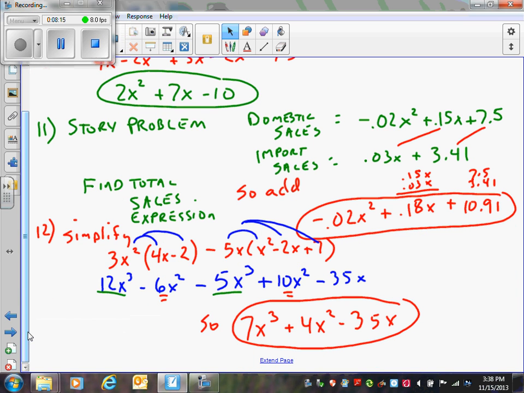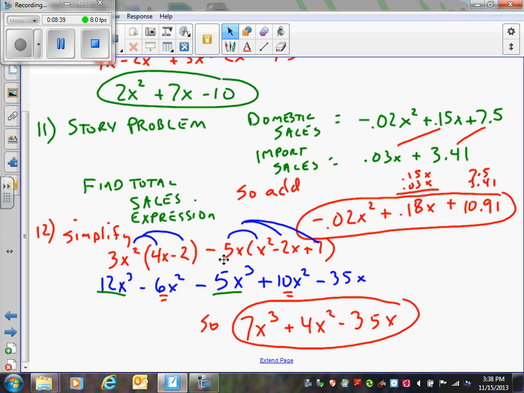Number 12, I've got some polynomials that I have to multiply by monomials, and I've got to simplify. So I take this 3x squared, it's a distributive property, I multiply it by 4x, 3 times 4 is 12, x squared times x is x cubed. Then I take the 3x squared and I multiply it by minus 2. Minus 2 times 3 is minus 6x squared.